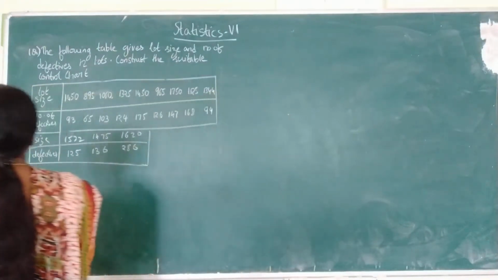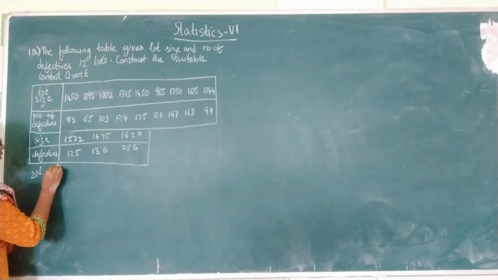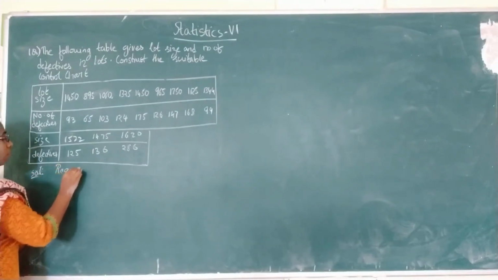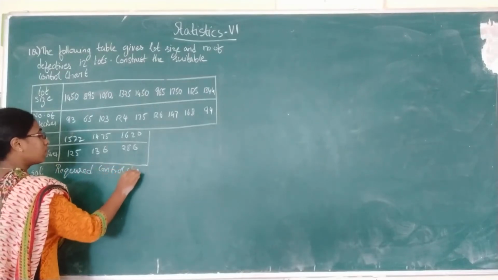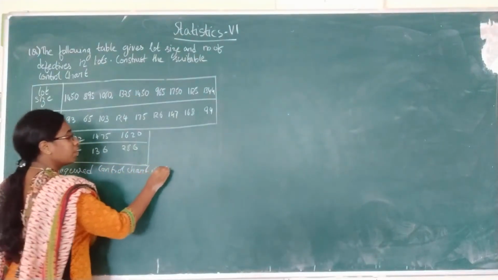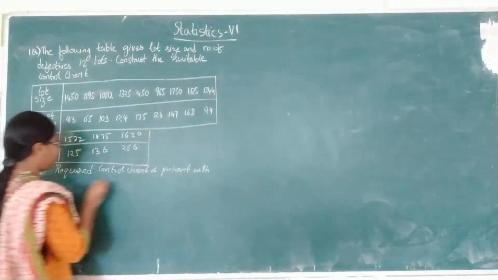So first, write down the required control chart. Required control chart is P chart with varying sample size.